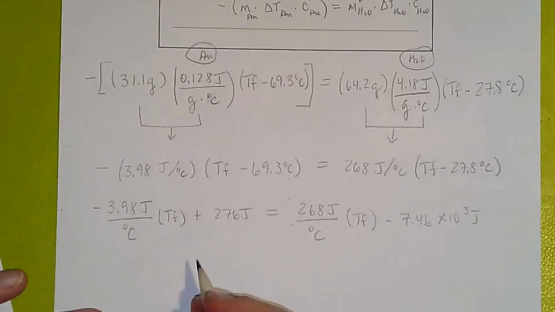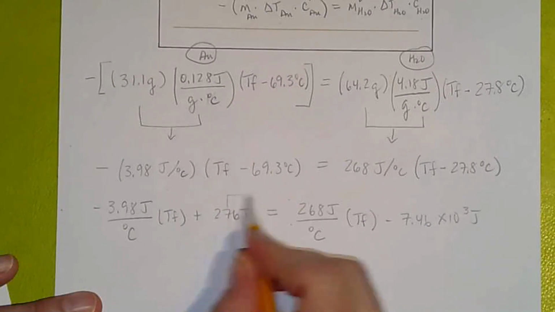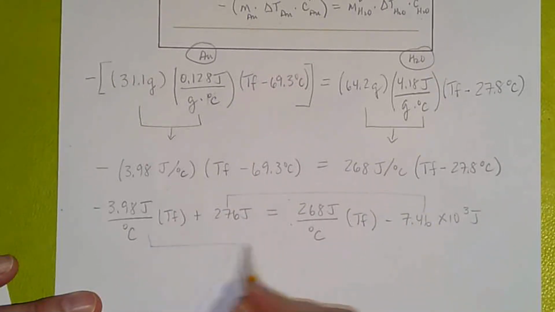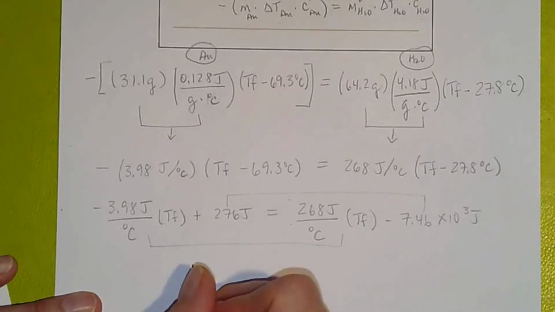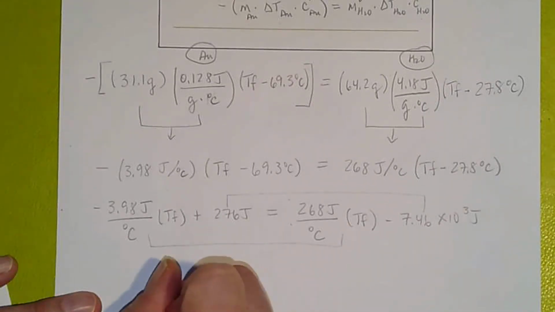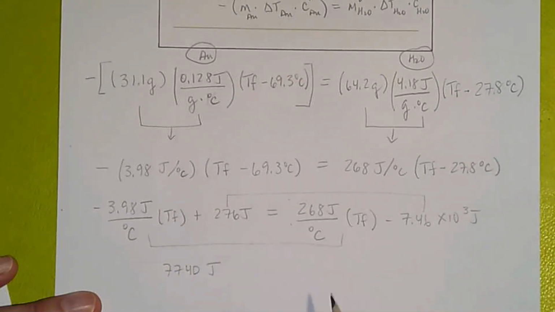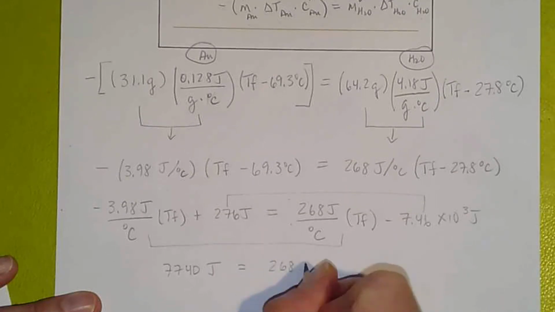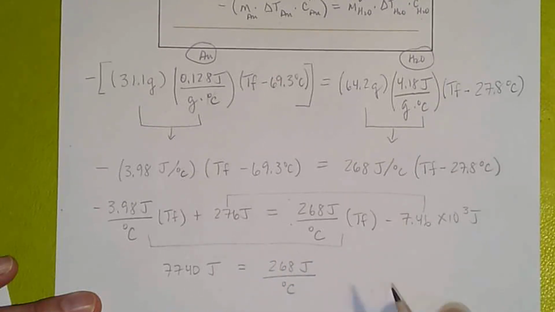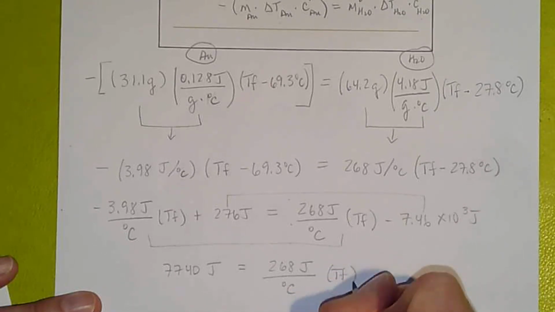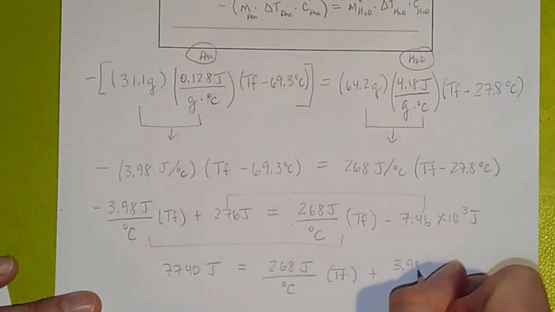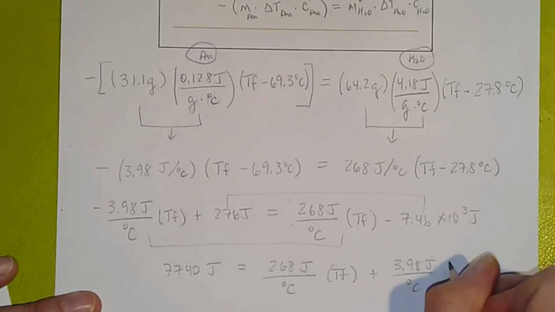Now I'm going to combine my joules, and these terms can be combined. What I end up with is 7740 joules. I move the joules over to the left, and that equals 268 joules per degree times TF plus 3.98 joules per degree times TF.